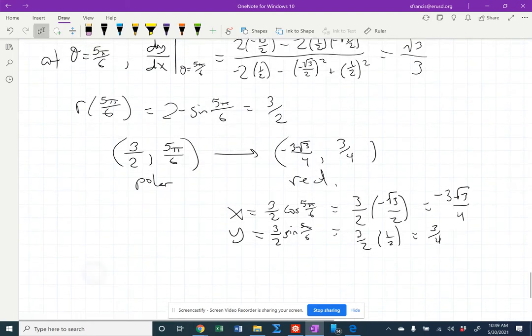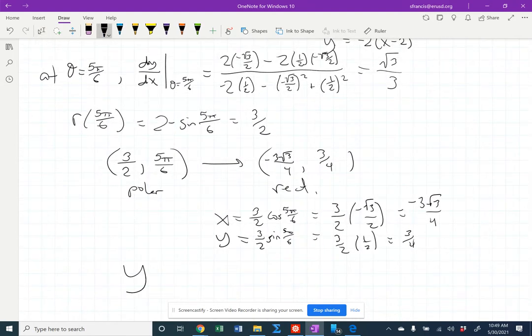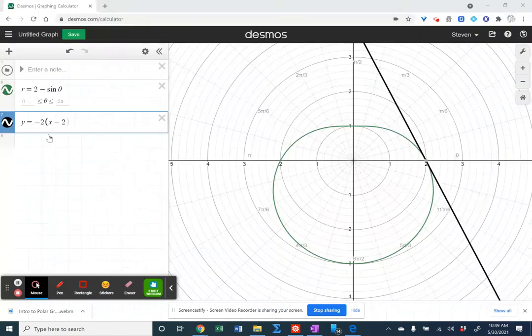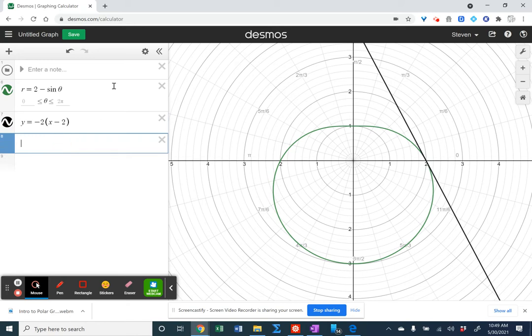All right, so if we did this right, our equation of our tangent line is going to be y equals the slope, √3/3, times x plus 3√3/4 plus 3/4 should be the equation of the tangent line here. So let's go type that in and see if we got it right.